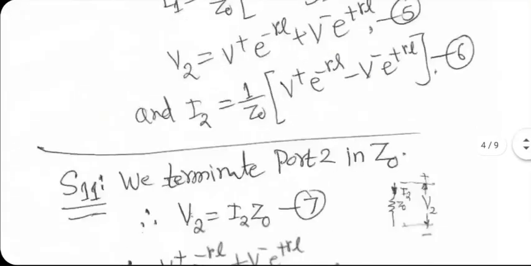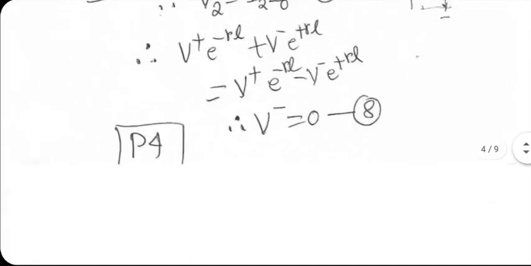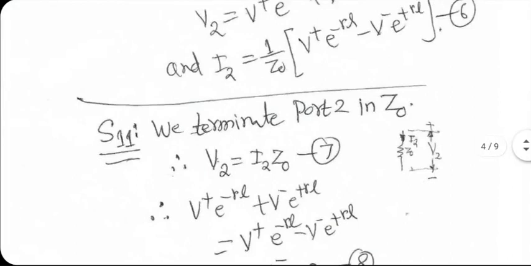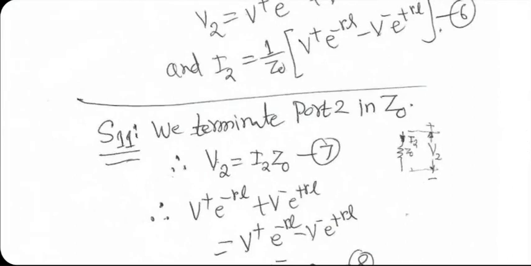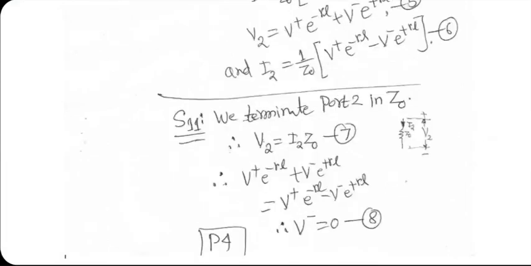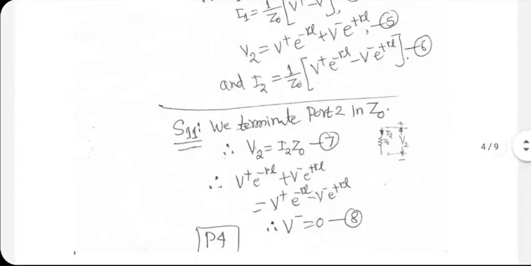So if you keep that in mind, V2 equal to I2 Z0 is fine. Now, once that condition has been imposed, I take V2 and I2 values from equations 5 and 6 and put them here. V2 is given by equation 5. I2 is given by equation 6. I equate the result and I get a very interesting answer.